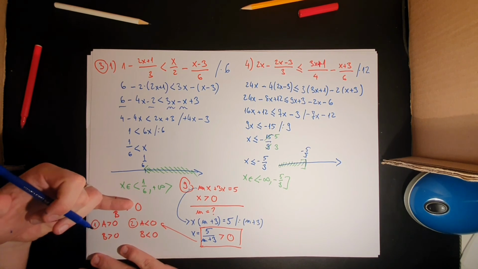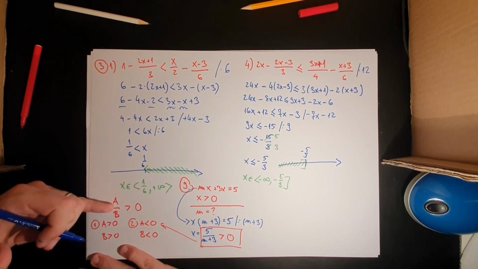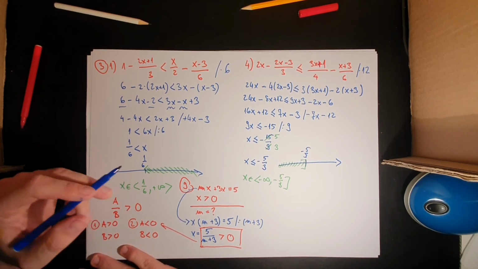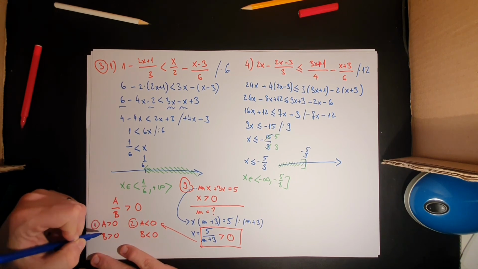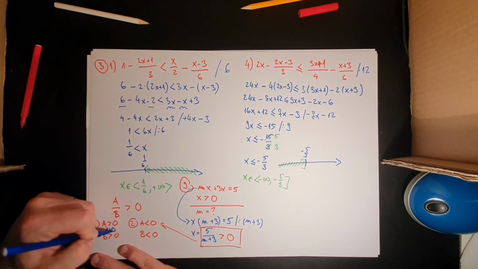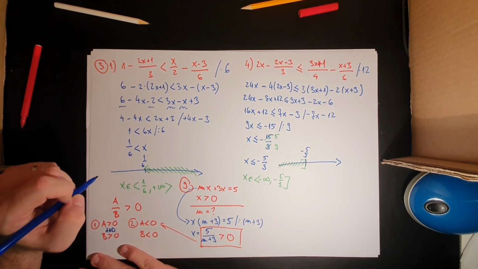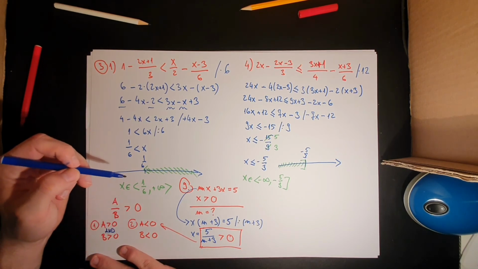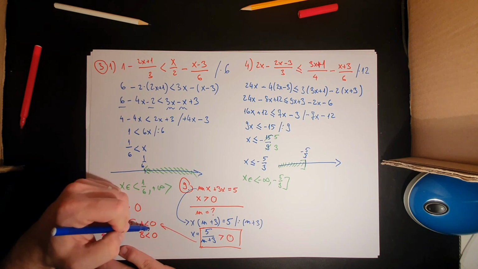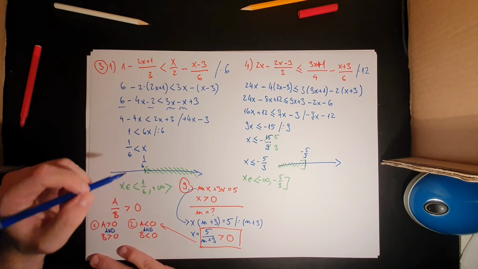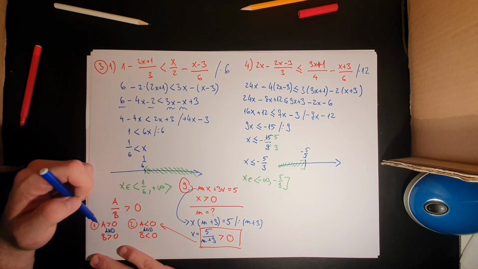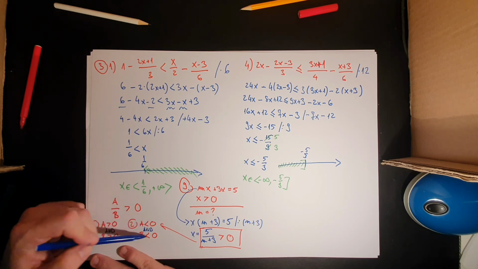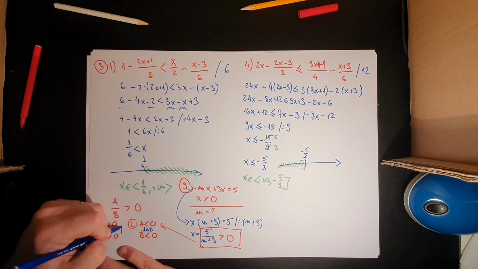For the result of a division of two numbers to be positive, both of them have to be positive: a has to be positive and b has to be positive. The second situation is when both of them are negative, the result is positive, which means a is negative and b has to be negative. The relationship between these two situations is that either both are positive or both are negative. That's why between these two we have or.